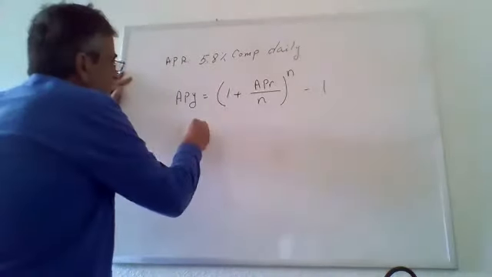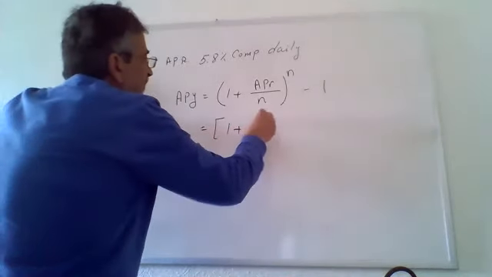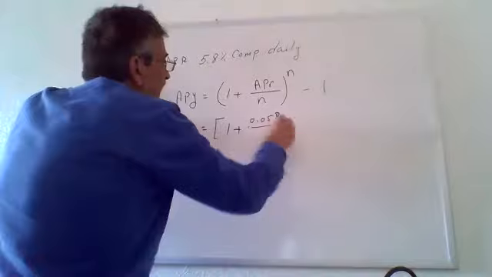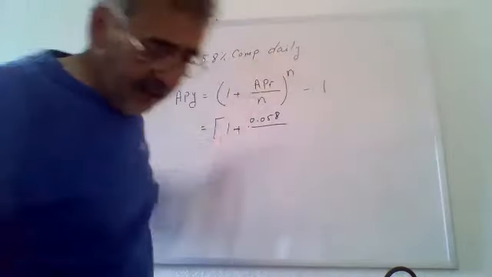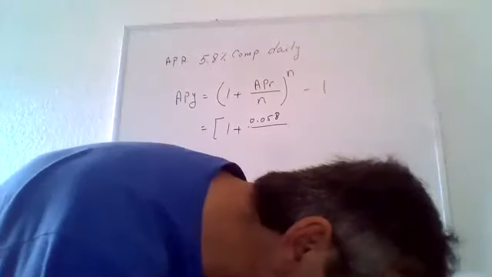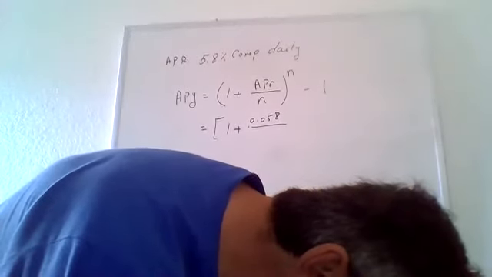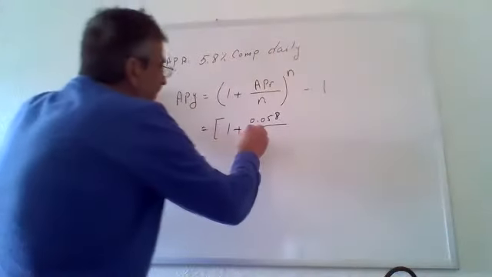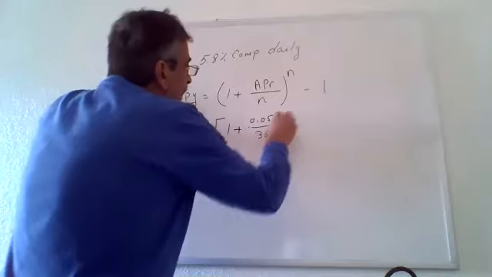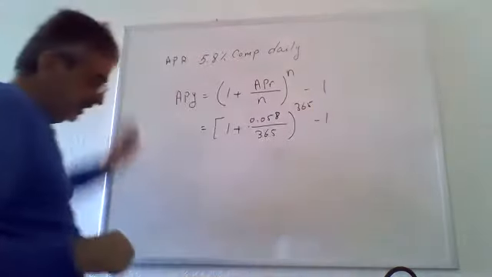That's equal to 1 plus 0.058 divided by, now notice, we're compounding it daily. Does it say how many days a year? No, so we're going to say it's 365, to the power 365, minus 1.